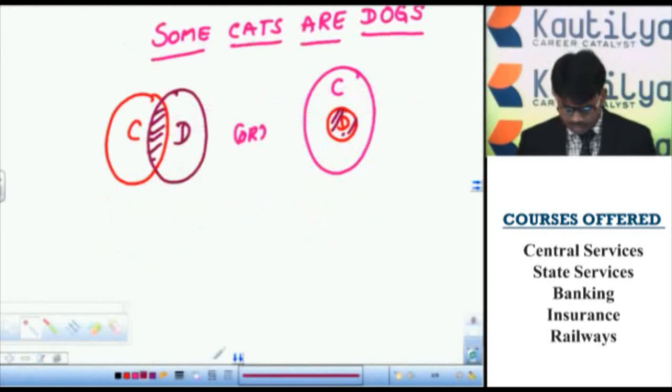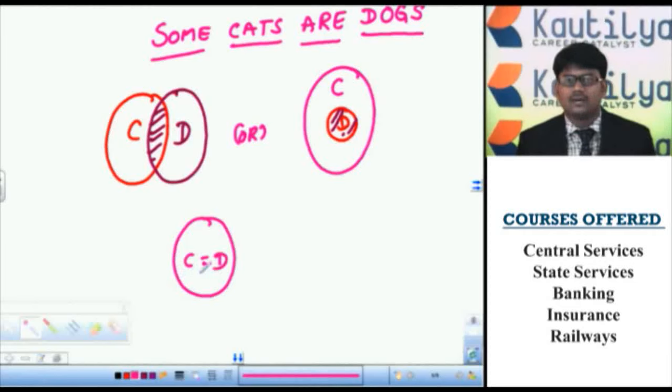Then we have another altered diagram for the statement. We take cats equal to dogs, in that only some of the cats belong to dogs. For example, if you take only some of the cats, this some of the cats belongs to dogs. Then we represent it in another diagram.